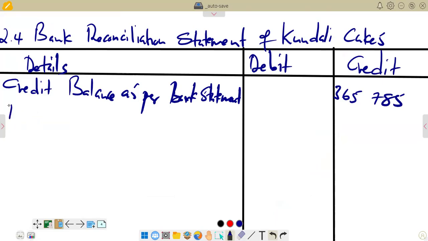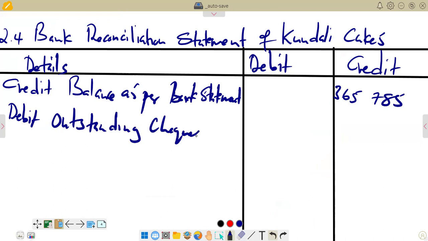So on the outstanding checks, we have check number 121, and the amount is 169,000.